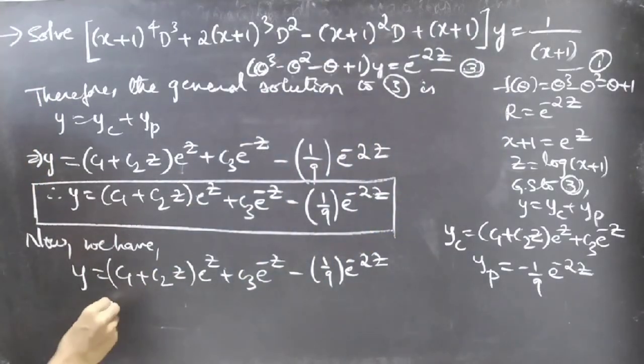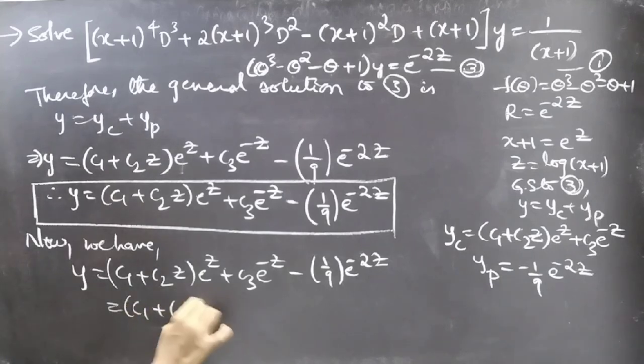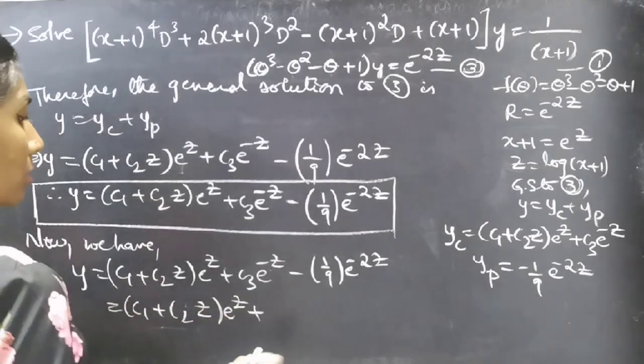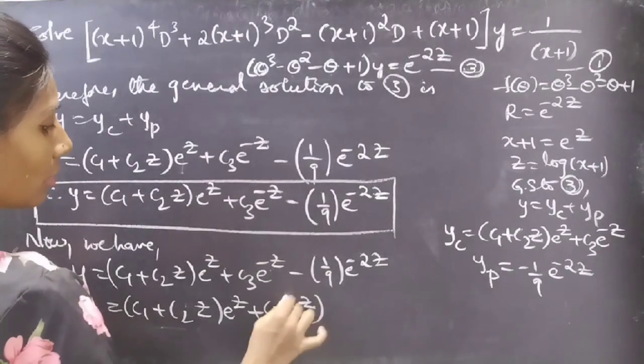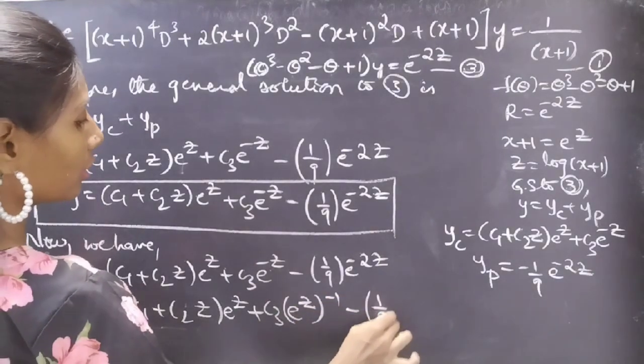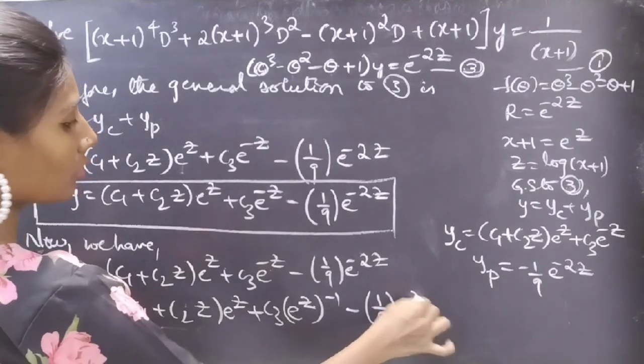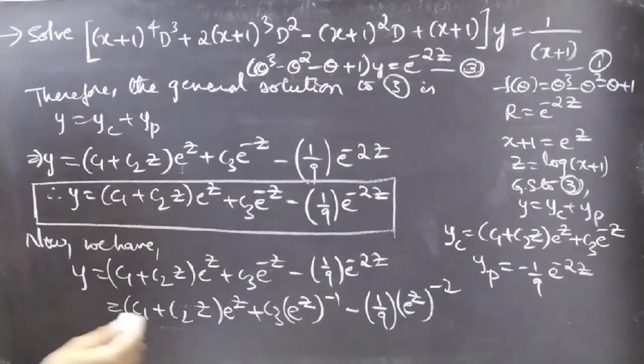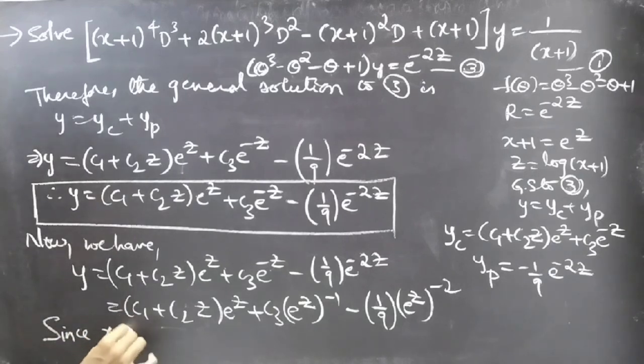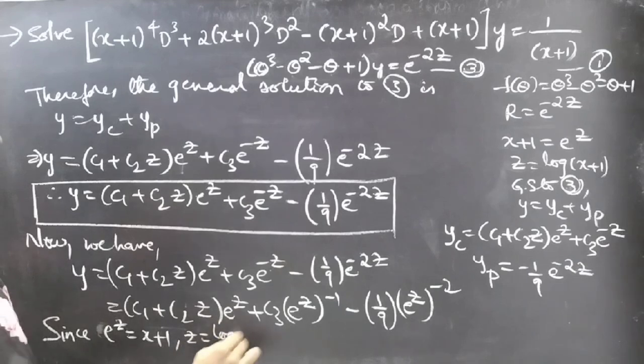So I'll write e power minus z as (e power z) power minus 1, and e power minus 2z as (e power z) power minus 2. Now it will be easy to replace e power z by x plus 1 and z by log of x plus 1, since e power z is equal to x plus 1 and z equals log of x plus 1.